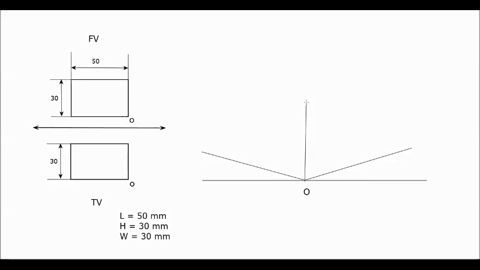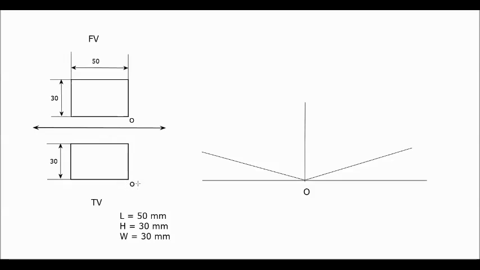We can draw this vertical axis below this reference line, but if you observe your front view and top view, the origin point locations are given. So as per the origin point location, your front view should lie on the left side of the origin and above that origin.